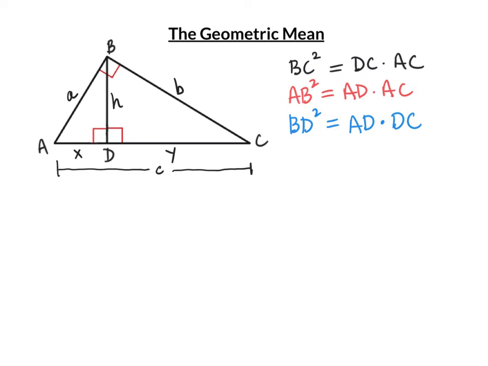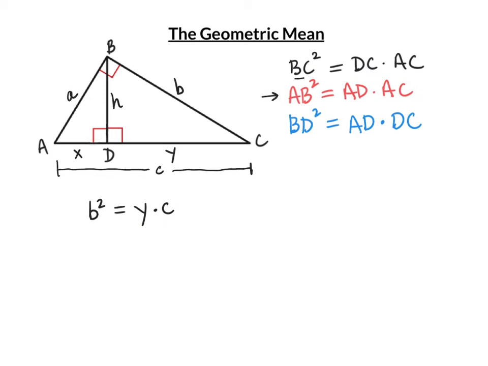Let's go to the top statement here. BC squared, look at the picture, I'm calling that b squared, equals DC, which is y, times AC. AC is the whole hypotenuse of the big triangle, it's little c.